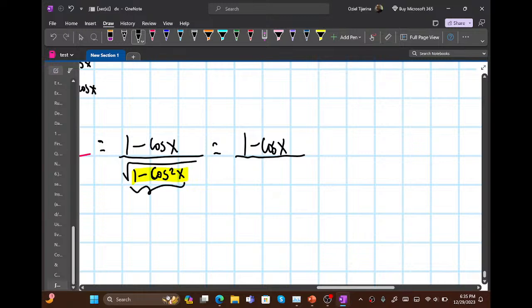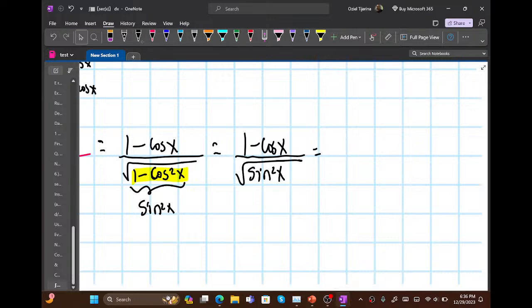This is gonna be sine squared x, but it's gonna be the square root of that, which is really equal to 1 minus cosine x over sine x.